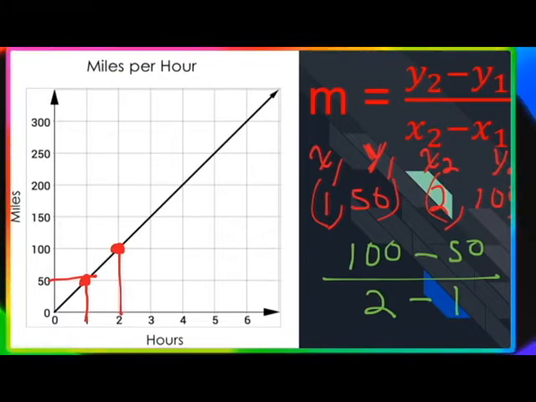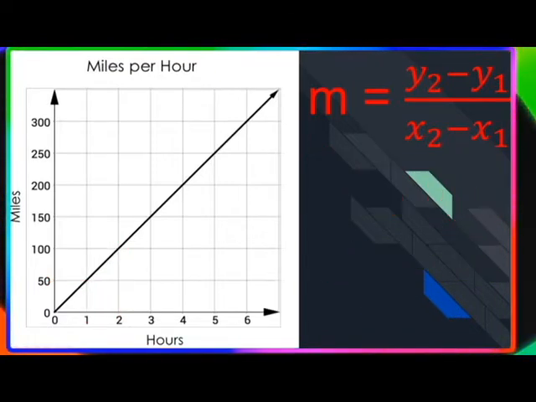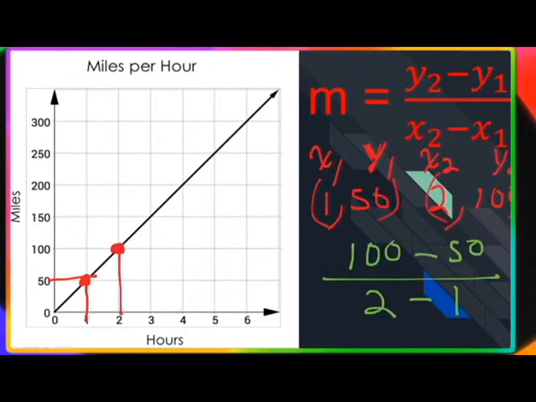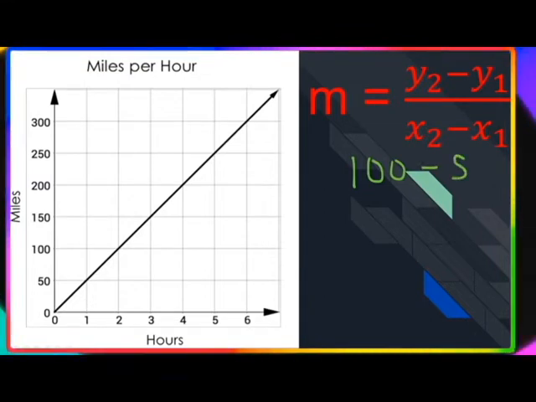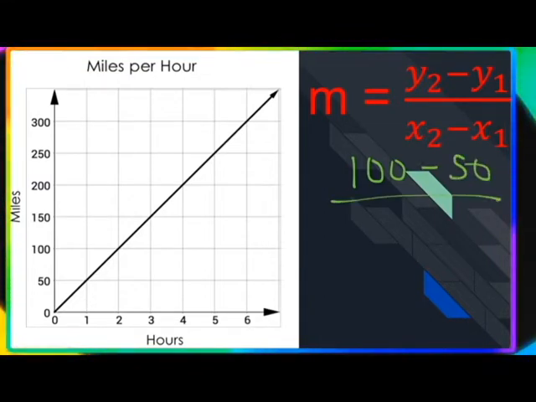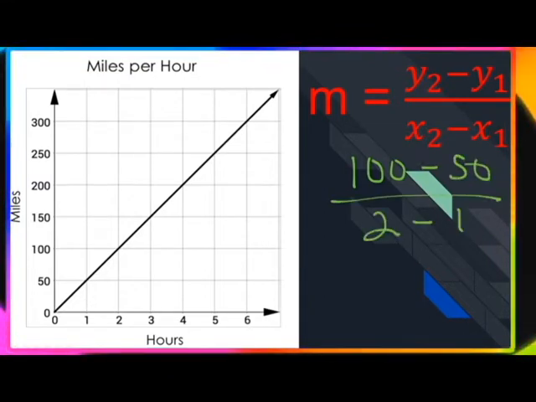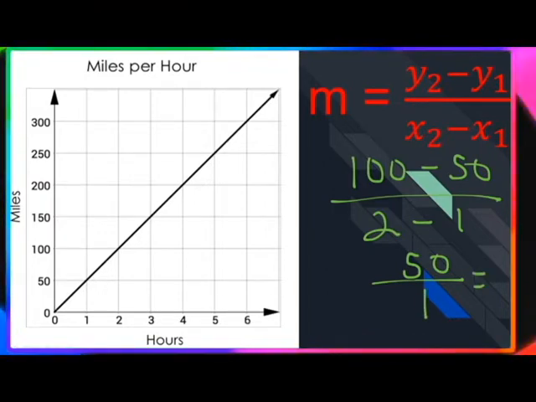So now all we have to do is solve. We have 100 minus 50, and 2 minus 1. 100 minus 50 is 50, and 2 minus 1 is 1. So your slope is 50 over 1, or 50.